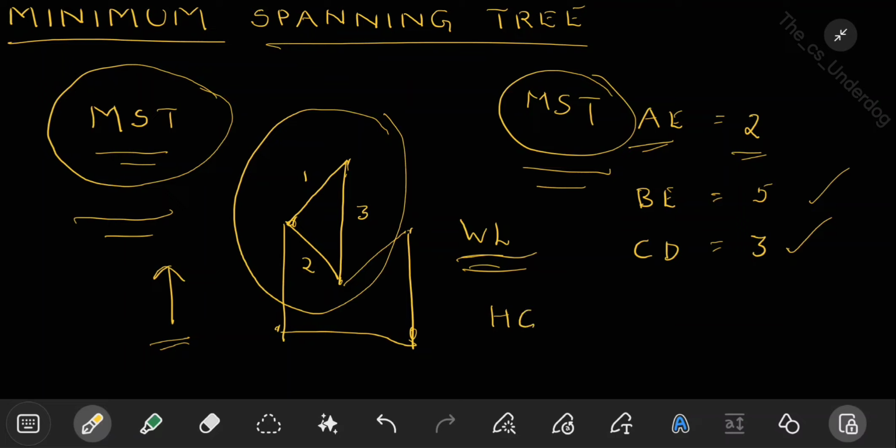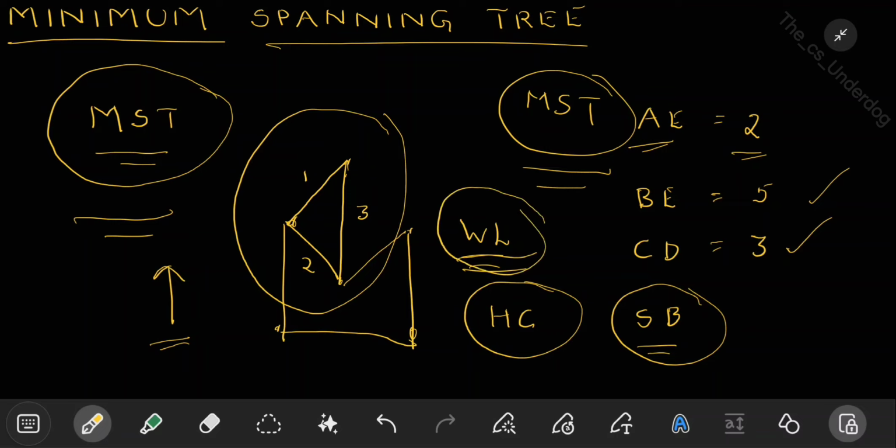So you would say this is the highest cost link or maybe slowest bandwidth link. That is, if you are connecting something, you are using some network, then whichever is having the slowest bandwidth or maybe highest cost to construct, this is what you generally have as the weakest link. That will be the heaviest edge of an MST. So whenever you have an MST, the heaviest edge is always your weakest link.